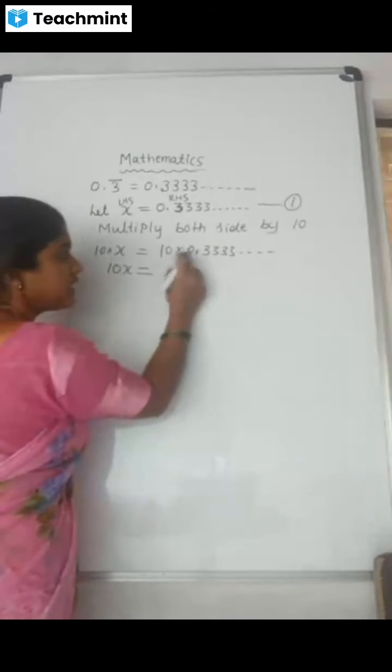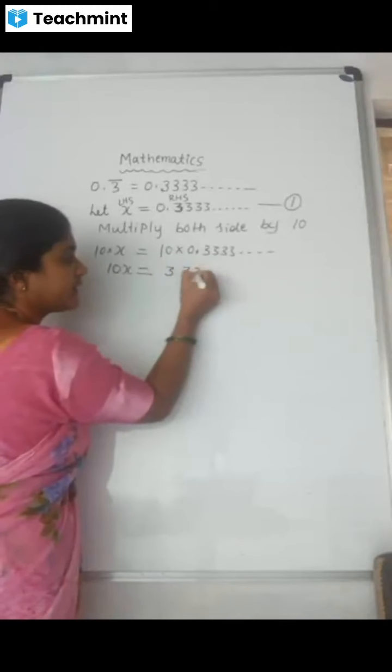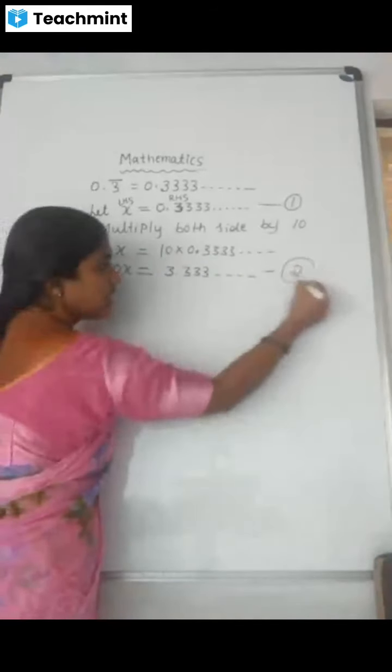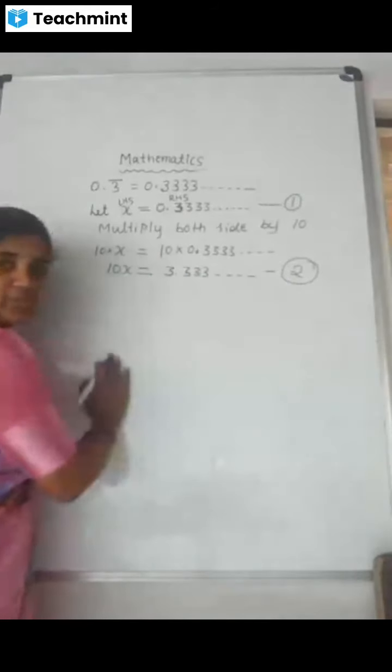So 10 into 0.333 we got 3.333 so on. Call this equation 2.